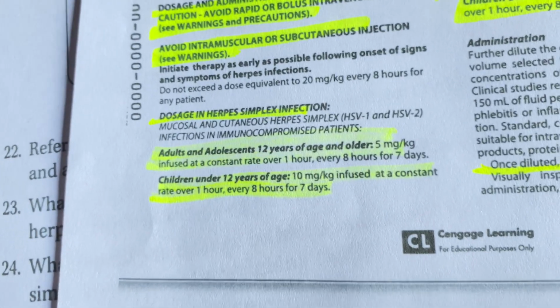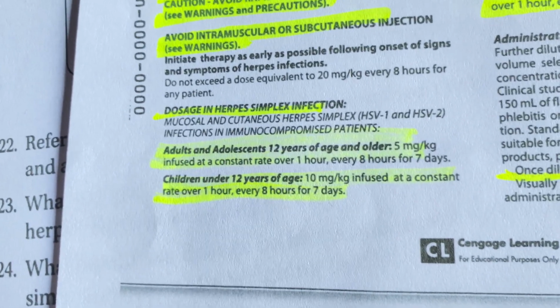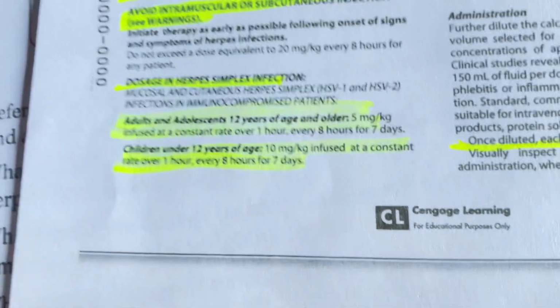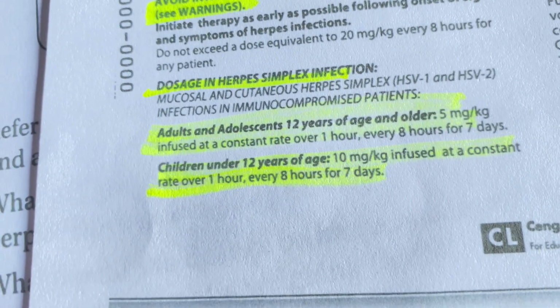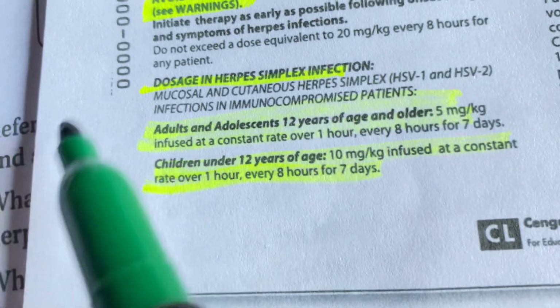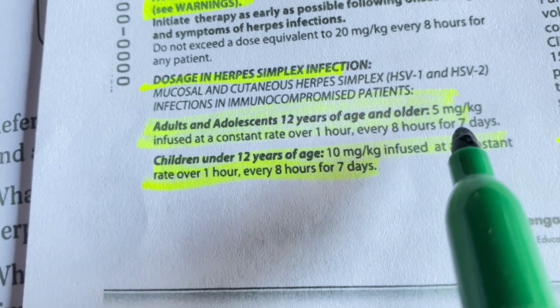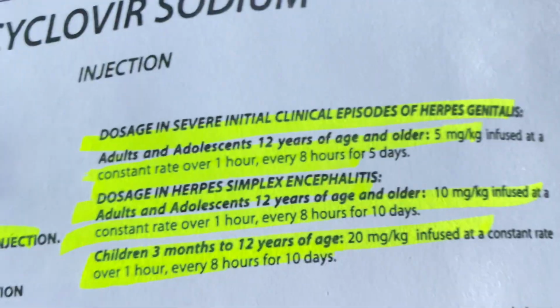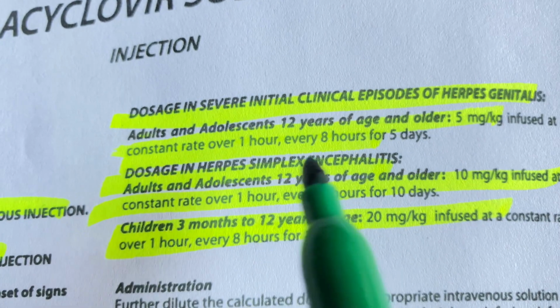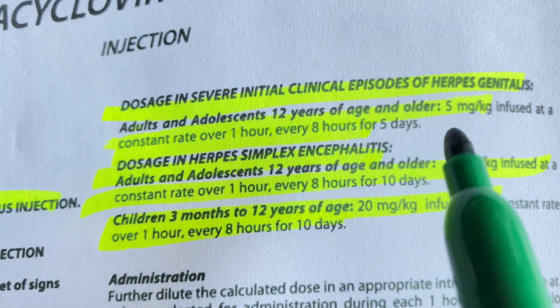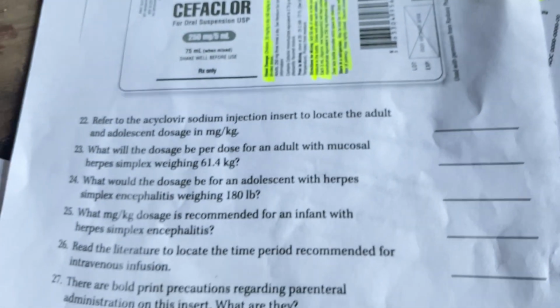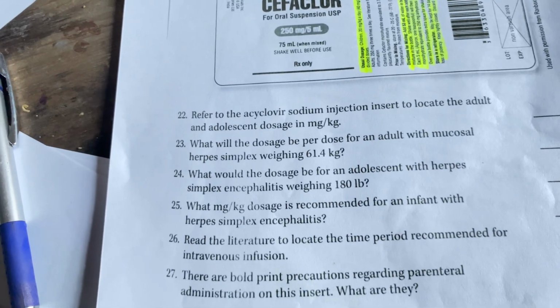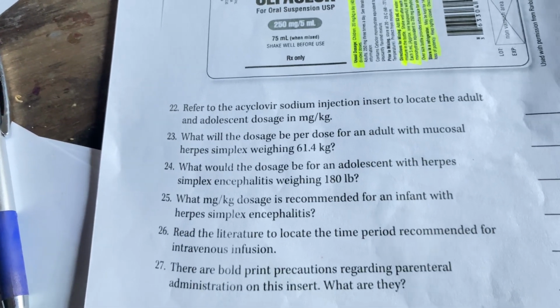Now, they didn't specifically say what it was for, whether it was for hepatitis or encephalitis, so we're going with this hepatitis because look, adults and adolescents, 5 milligrams. And then I went up here to this one for adults and adolescents, 5 milligrams. So that's what I'm going with.